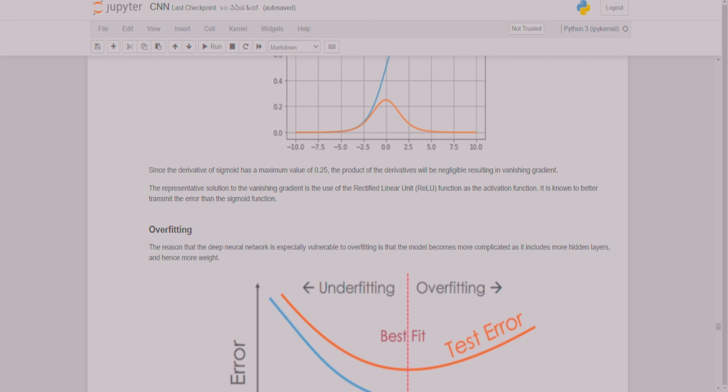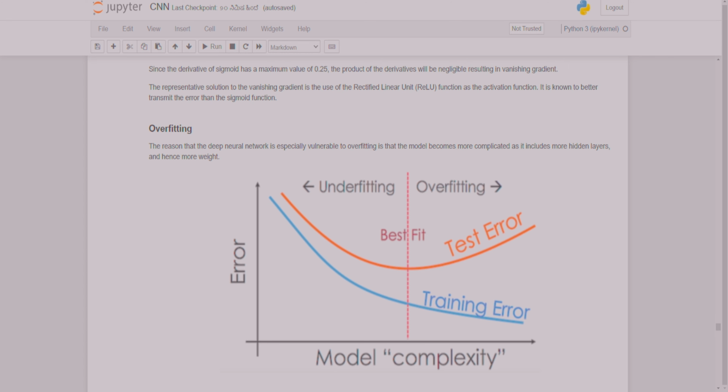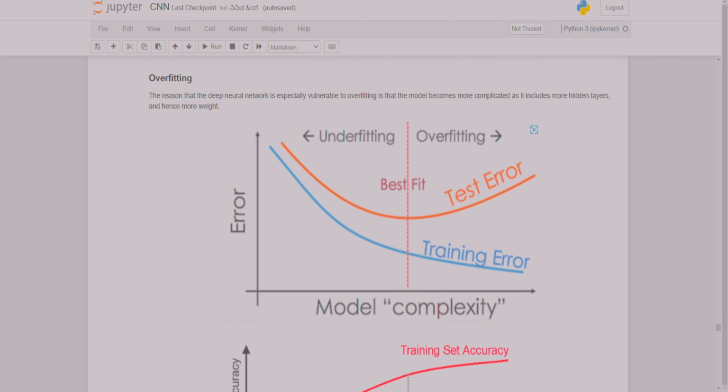Then we looked at the second issue called overfitting. Overfitting is characterized by the error increasing after a certain level of complexity. There is a best fit. Beyond that, if you further increase the complexity in terms of the number of hidden layers, we see that the error increases. Error initially decreases to an optimum value, then increases. So this problem is overfitting.